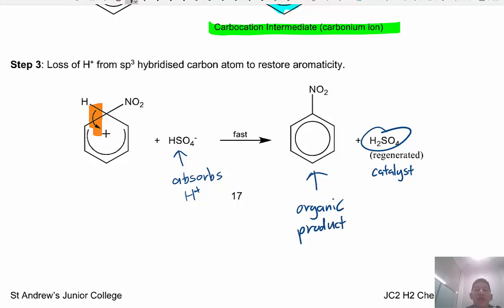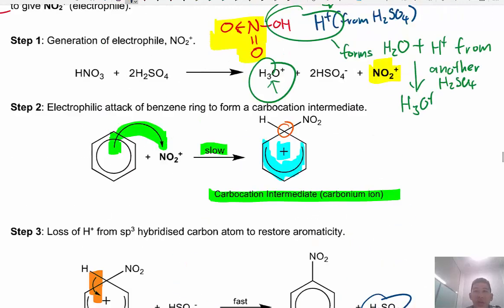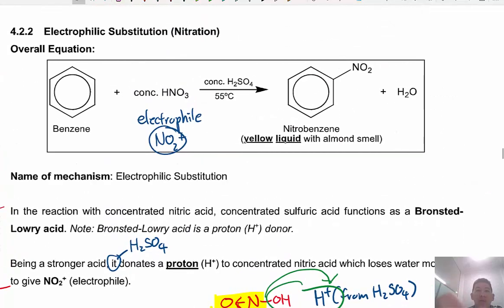And this is your nitration reaction. So I hope you can see the similarities between this and the previous mechanism I showed for halogenation. But I want you to remember this one, right?